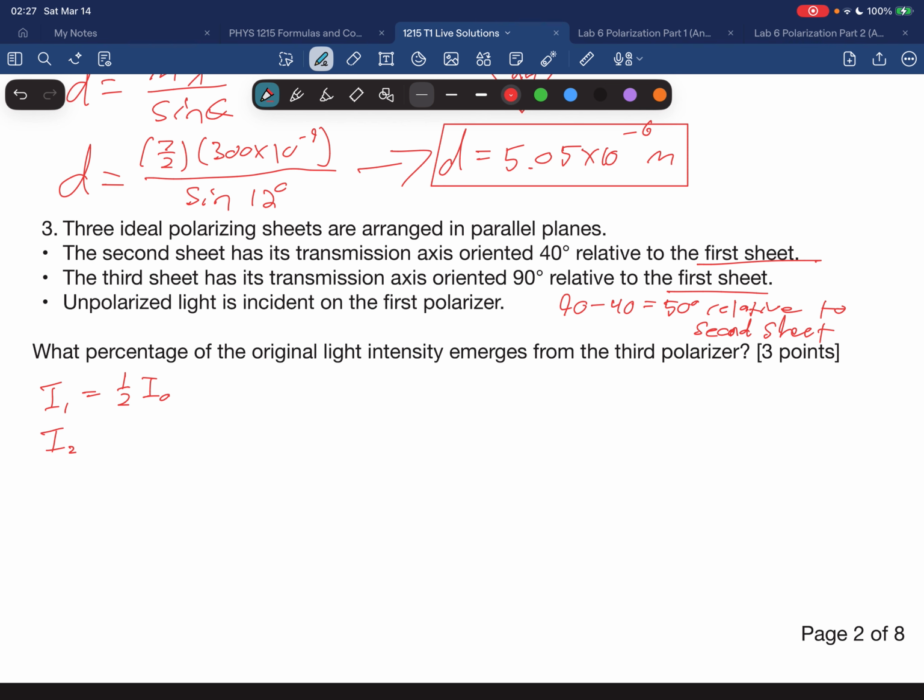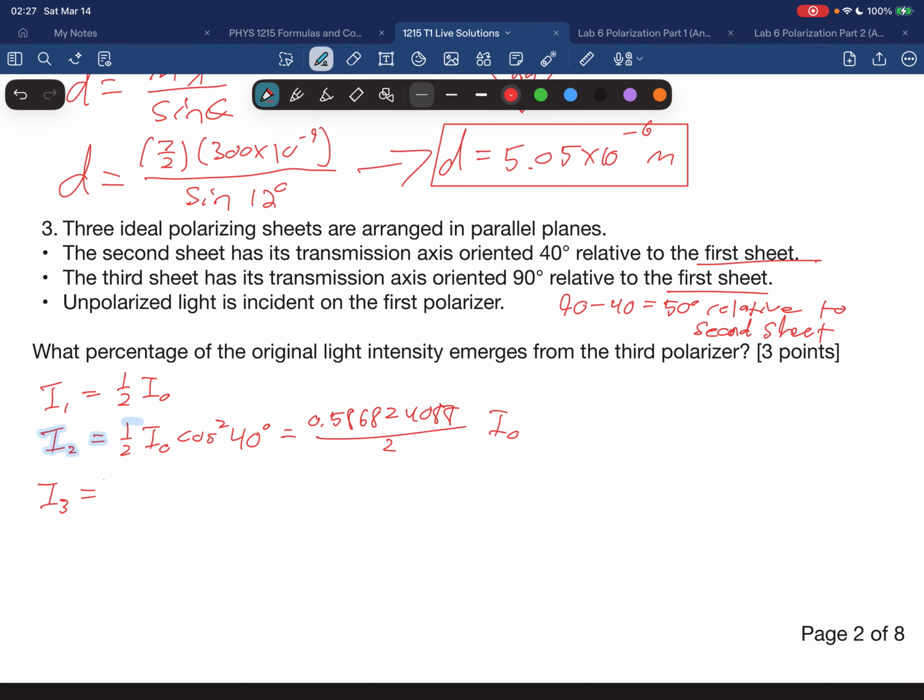For the second one, we take that amount of light that made it through the first one and multiply it by the cosine squared of the angle between them to get this ugly decimal that I decided to work with for no particular reason other than to just make things harder for myself, I guess. And so that is the amount of light that makes it through the second polarizer.